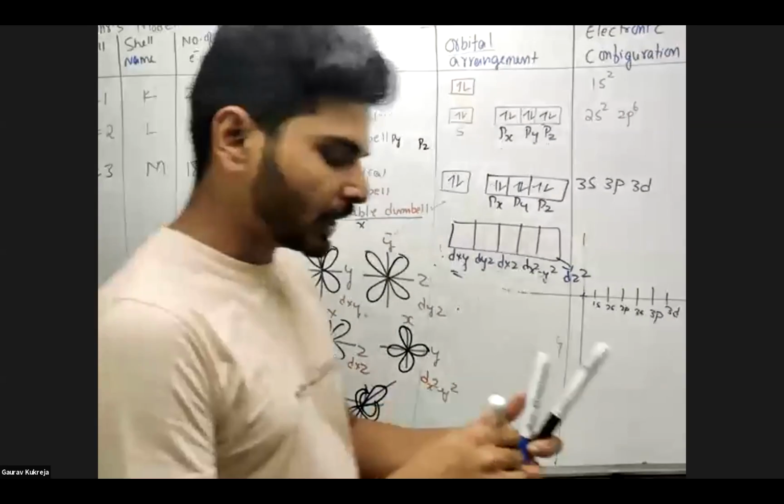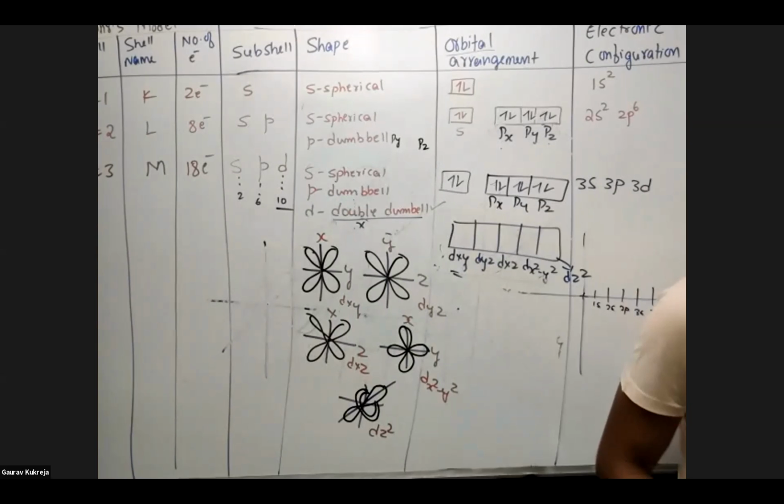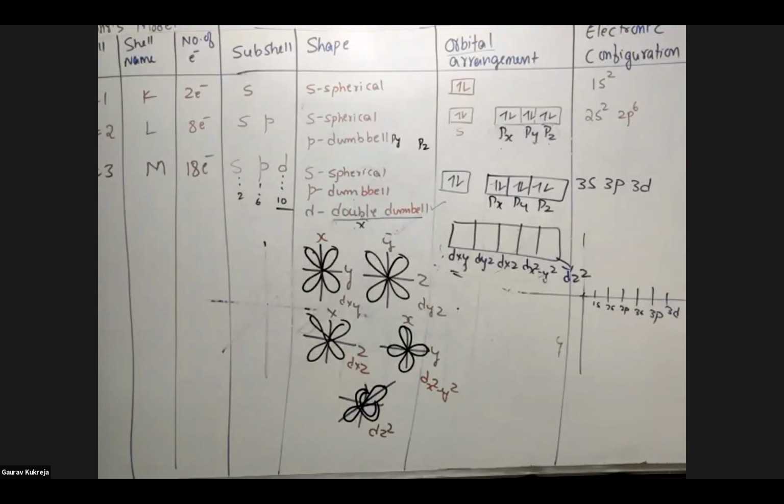If these are the different shapes, I want you to imagine all the 5 diagrams by considering a single origin. Okay, by considering a single origin, you have to keep them there.